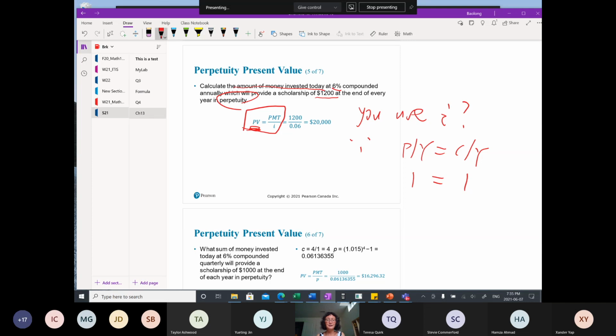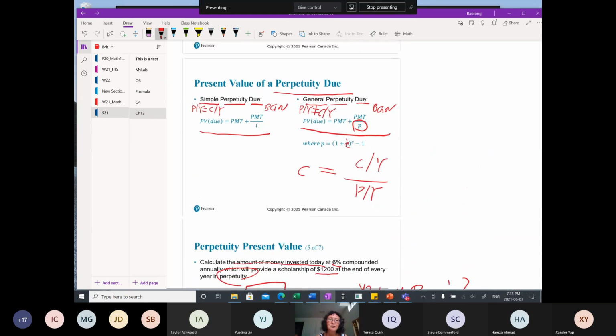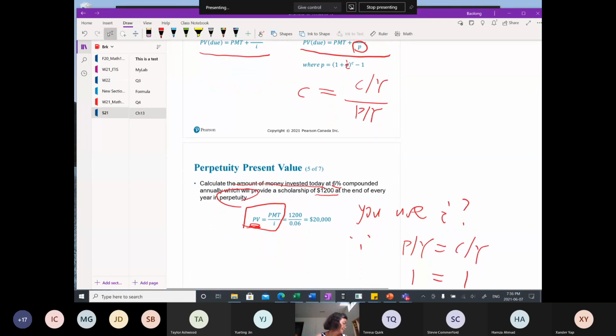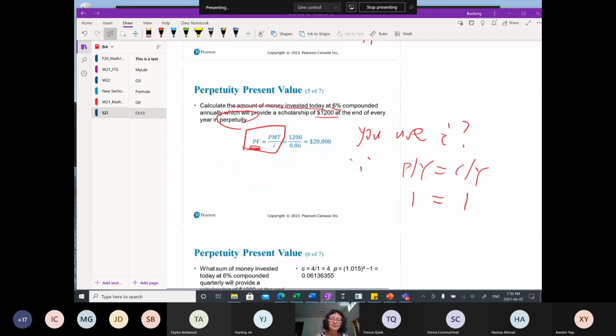The result is 200,000. And this example is a simple perpetuity. Present value of simple perpetuity.